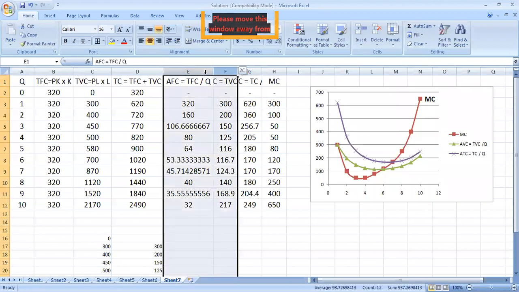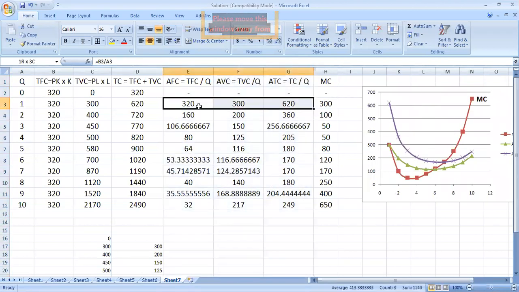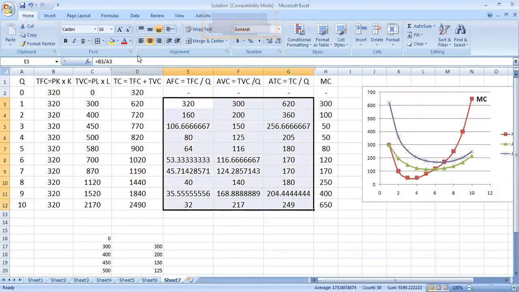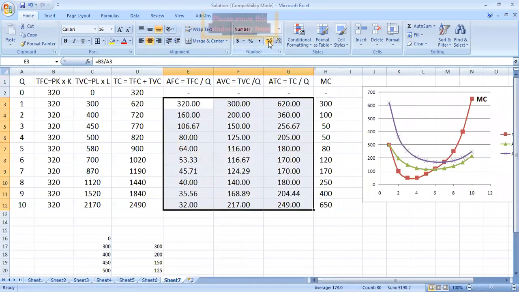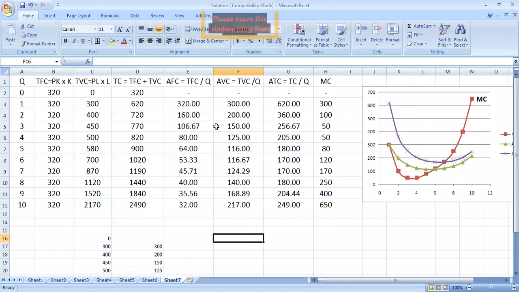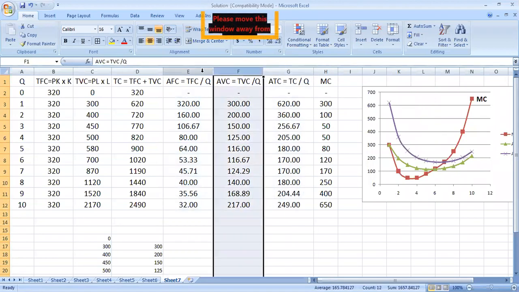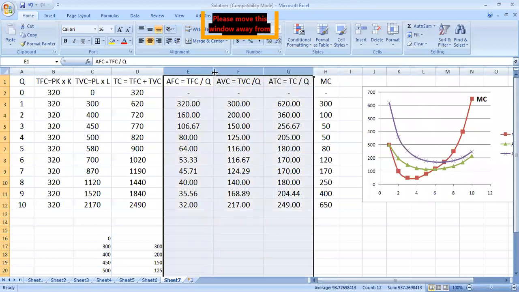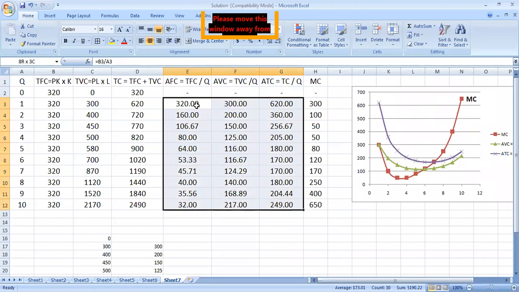These are the three concepts of the average term. Let me condense the entire information up to two decimals to make it convenient for reading or visualizing. Okay, right after defining the formulas, let me find out the values for all these three average terms.